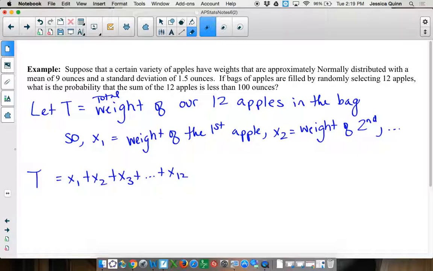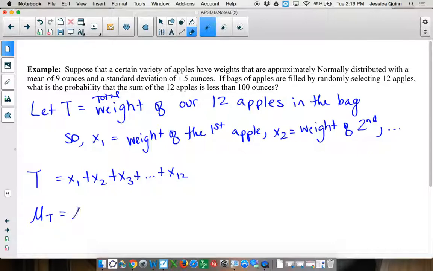So I could pick 12 apples and put them in a bag. I could pick 12 other apples and put them in their own bag, and 12 others in another bag. If I do that a whole bunch of times, what's the average bag going to weigh?